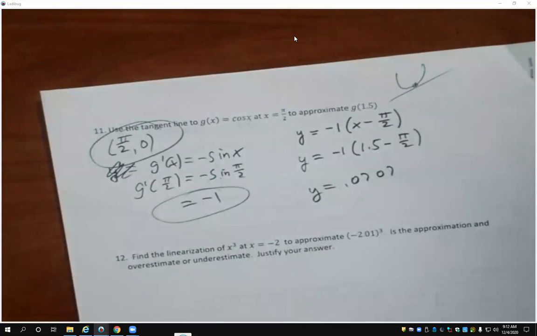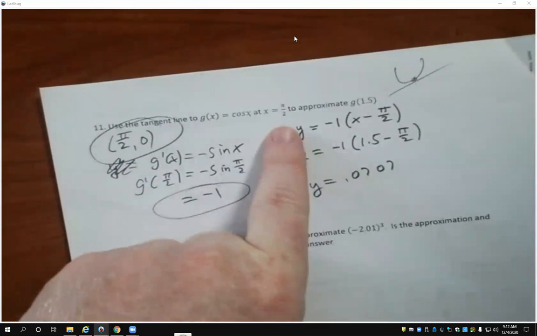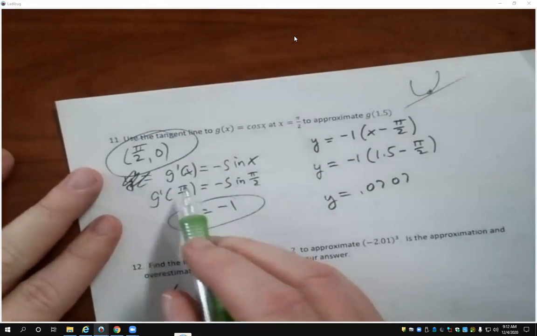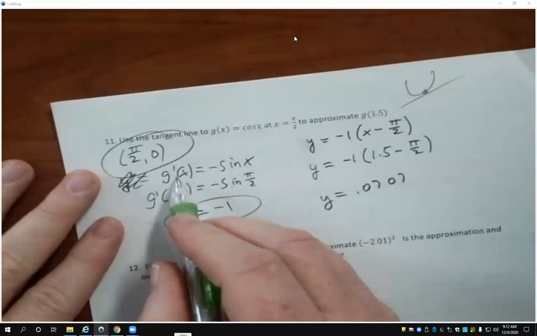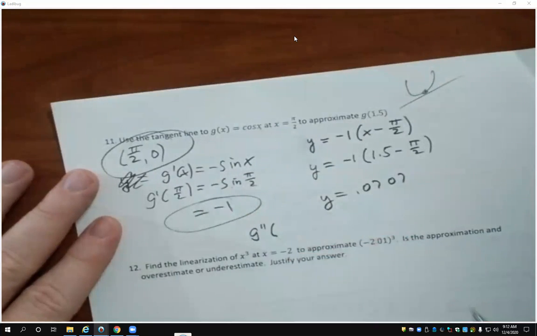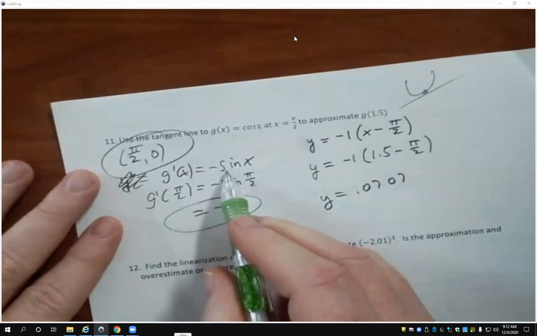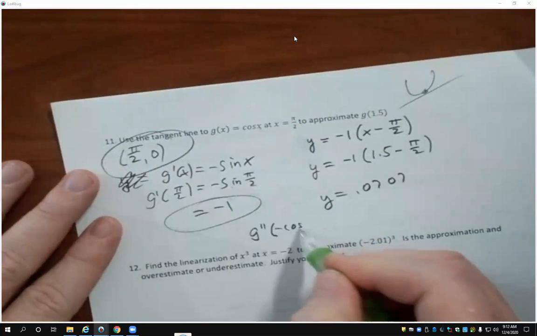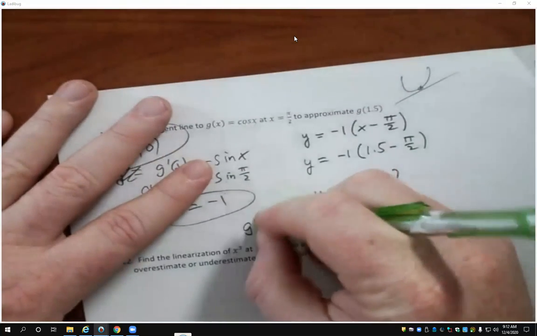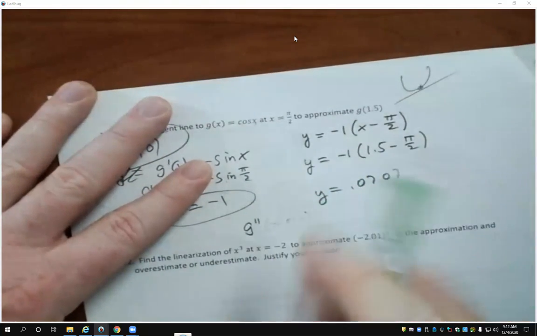Okay. Well, how do we prove if we're concave up or concave down at the point pi over 2? We have to find the second derivative. Okay. So if my first derivative is negative sine x, the second derivative is, what's the derivative of sine? Cosine. I should have put an equal sign.